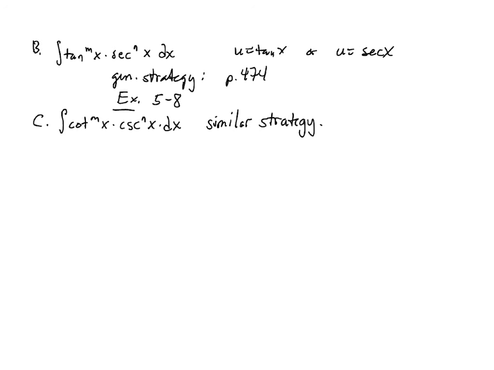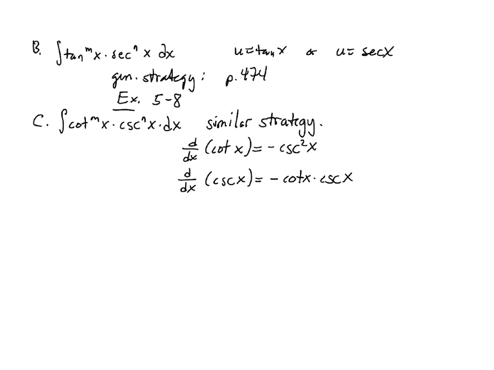So first of all, we need to remember that the derivative of the cotangent function is negative of the cosecant squared function. And similarly for the derivative of the cosecant function, that's minus the cotangent times cosecant function.